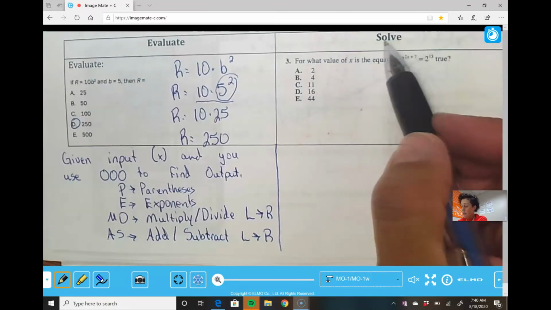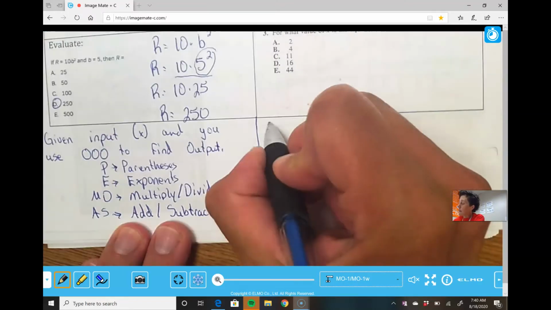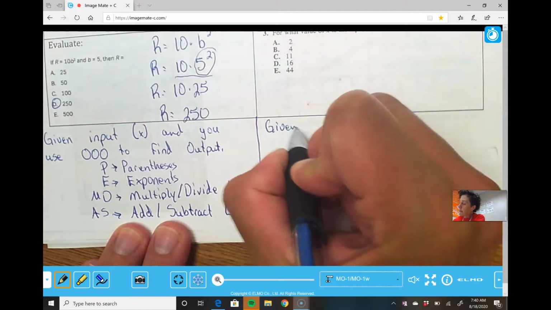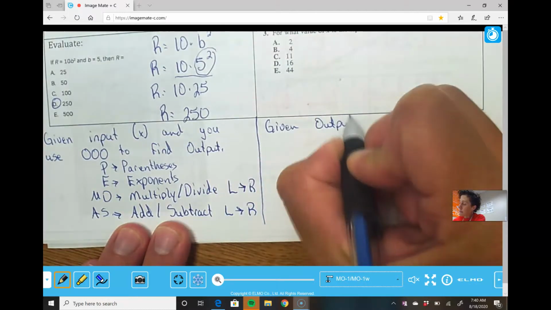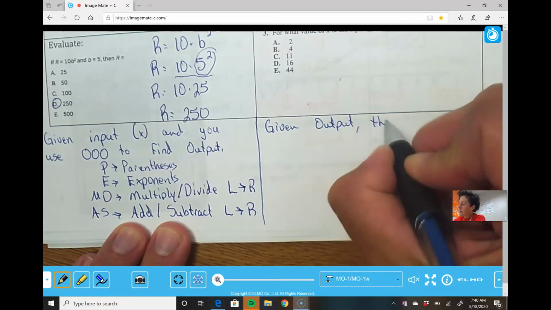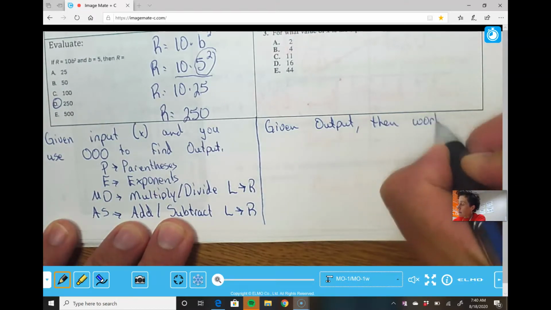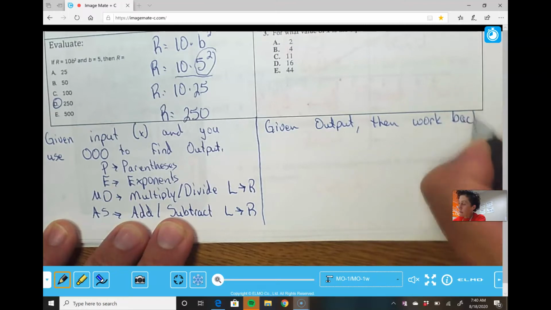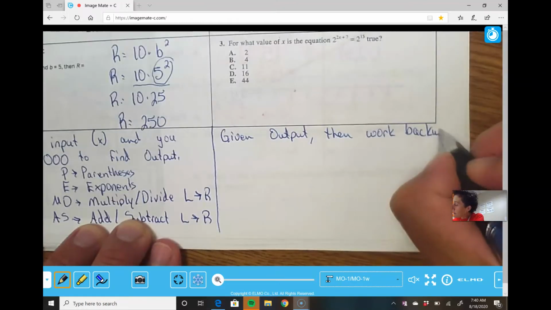So when you solve, this is what you're given, the output. And then what you're going to do is you work backwards. Let's see, can you see this? I'm going to have to smush this in.